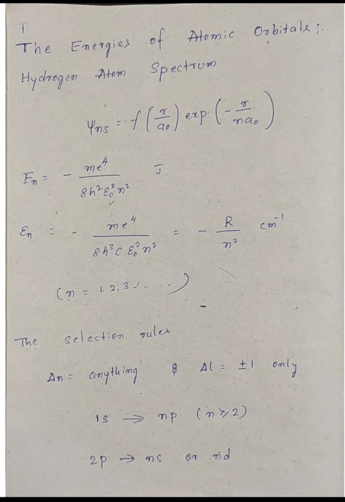Small letter en represents energy in terms of wave number, which is equal to minus R divided by n square. Here R represents the Rydberg constant, where R is equal to m e to the power 4 divided by 8 h cube c epsilon naught square.